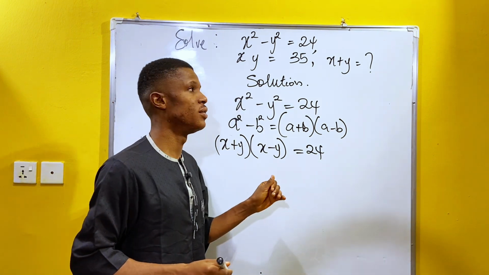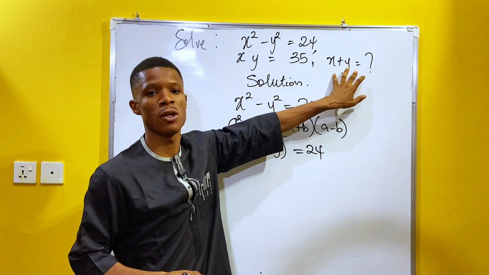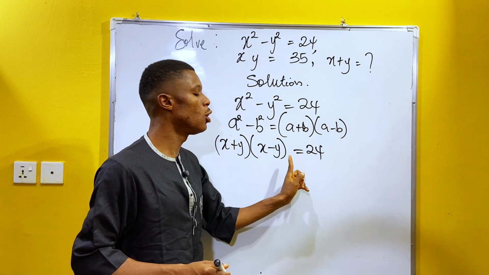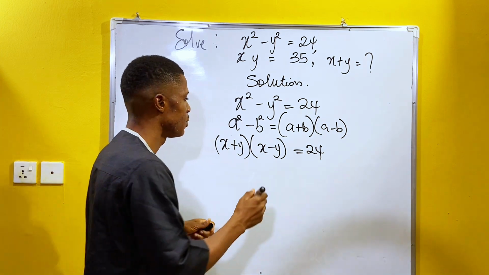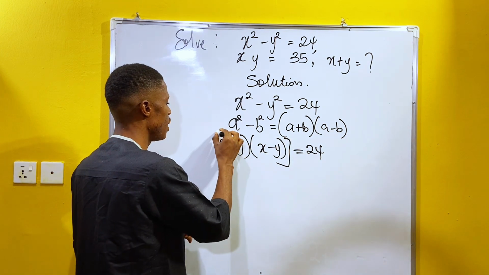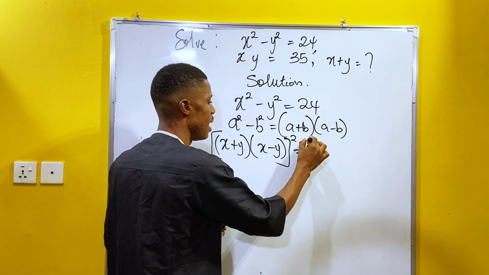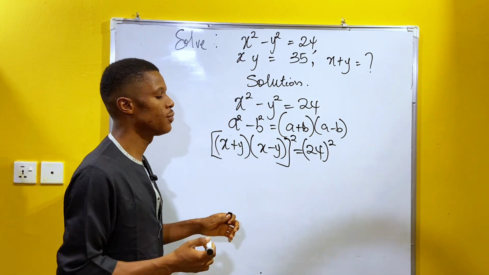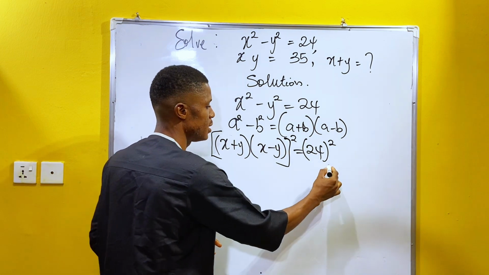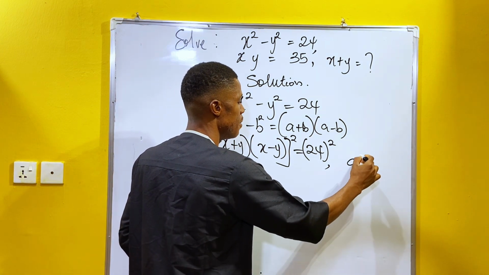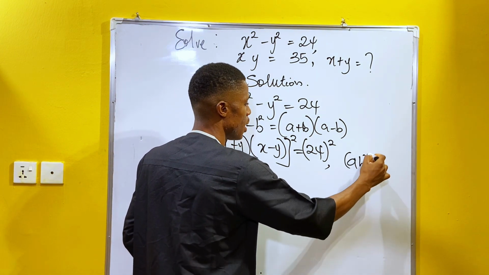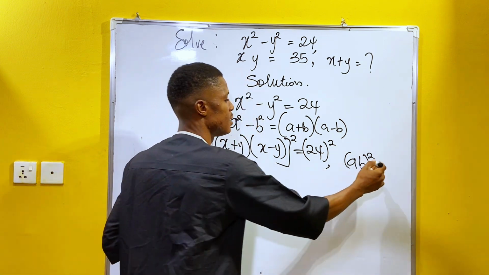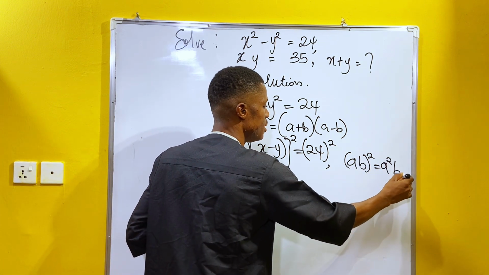Then for us to solve this, remember we are told to find x plus y. But before then, we'll know what x minus y is. So we can decide to square the left-hand side, and also square the right-hand side. From the rule of exponent, if you have ab all squared, you can still write it as a squared b squared.